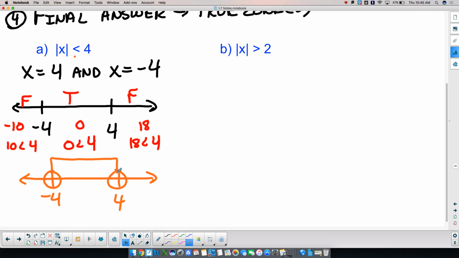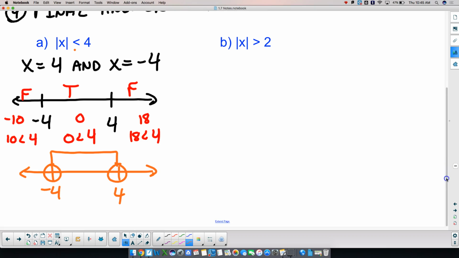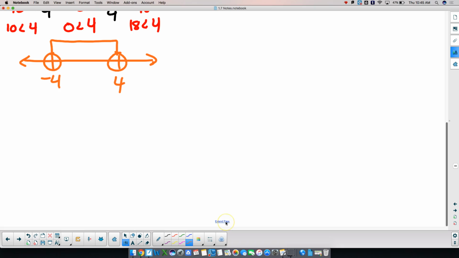Okay? I can't remember if the book has you then write the inequality, but the inequality here then would be -4 is less than x is less than 4.